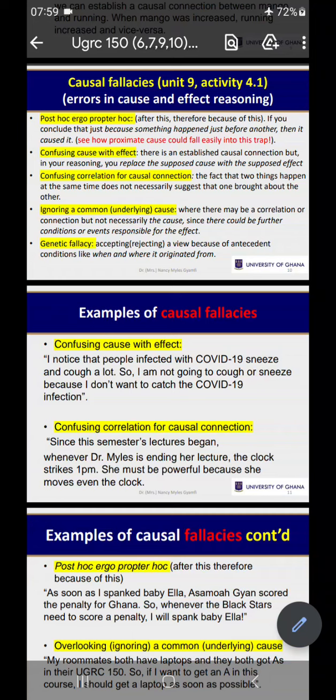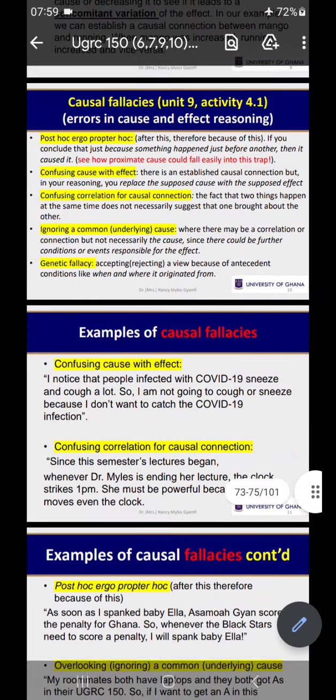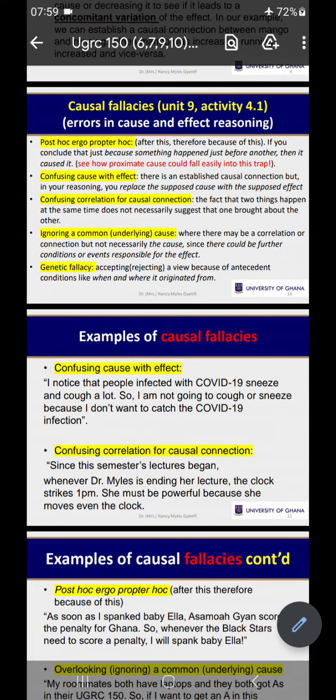after this, therefore, because of this. So this happened, and the moment this thing happened, we are concluding that it is the one that caused it. Let me explain it to you clearly so you understand it.